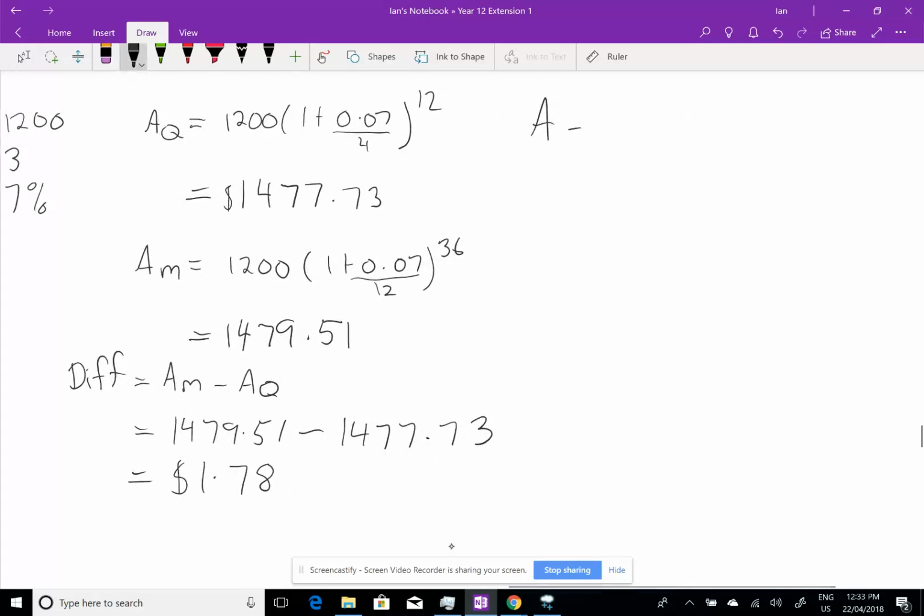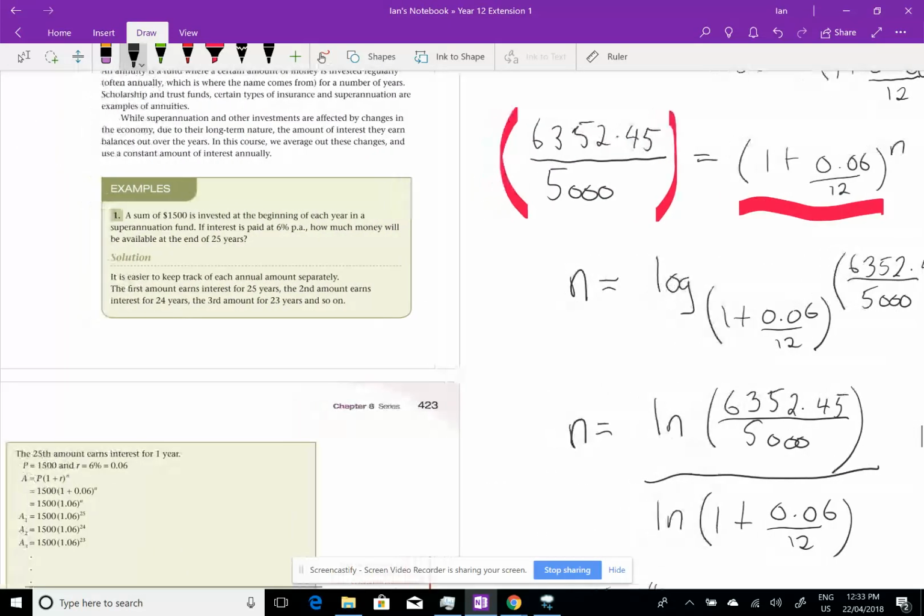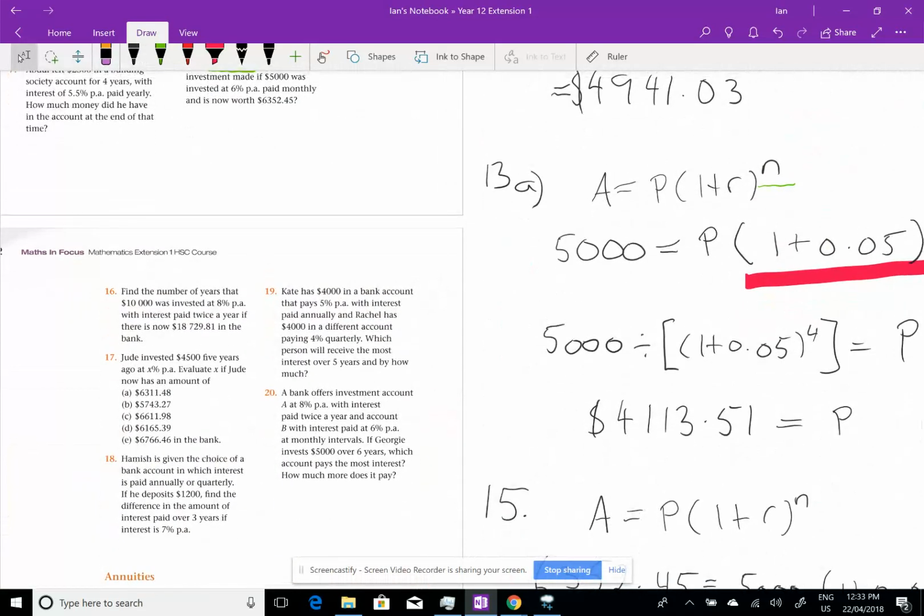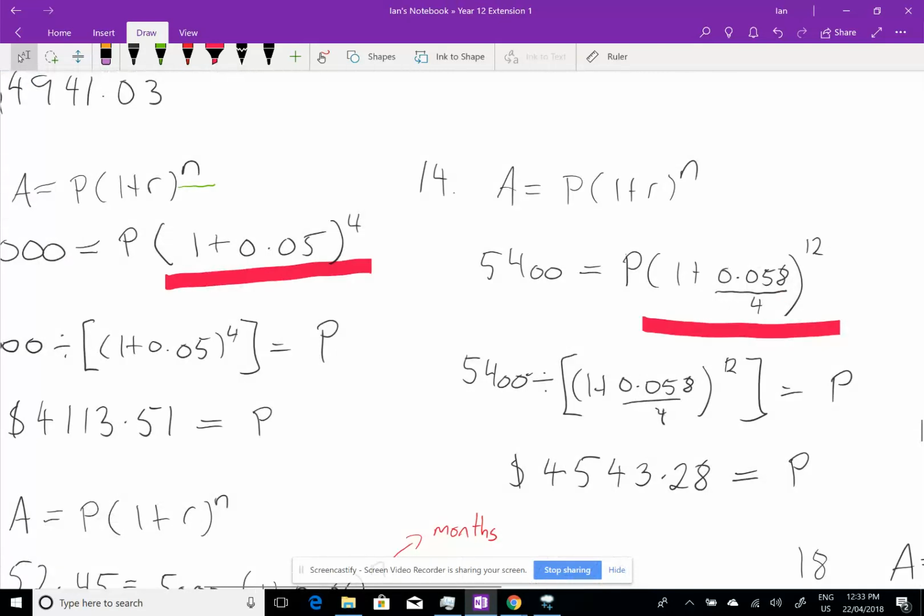Annually, the amount annually is 1,200 times 1 plus 0.07 to the 3, which is 1,470.05, and it was a disparity of annually or quarterly.